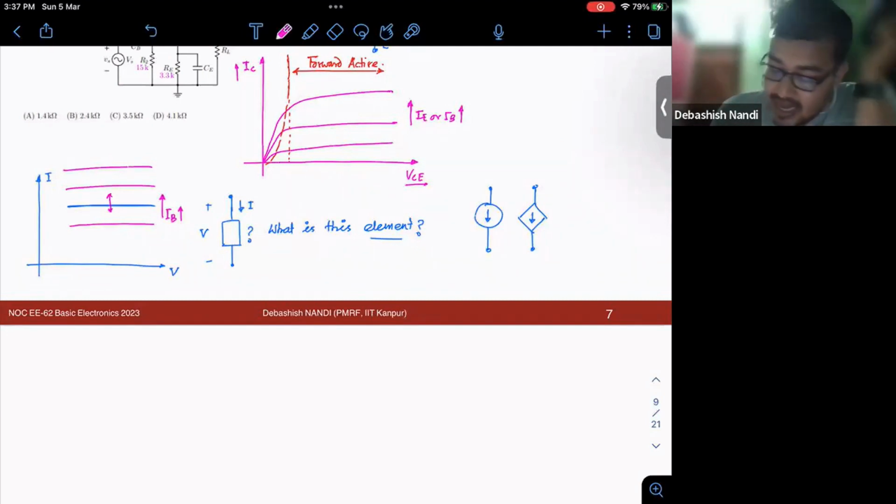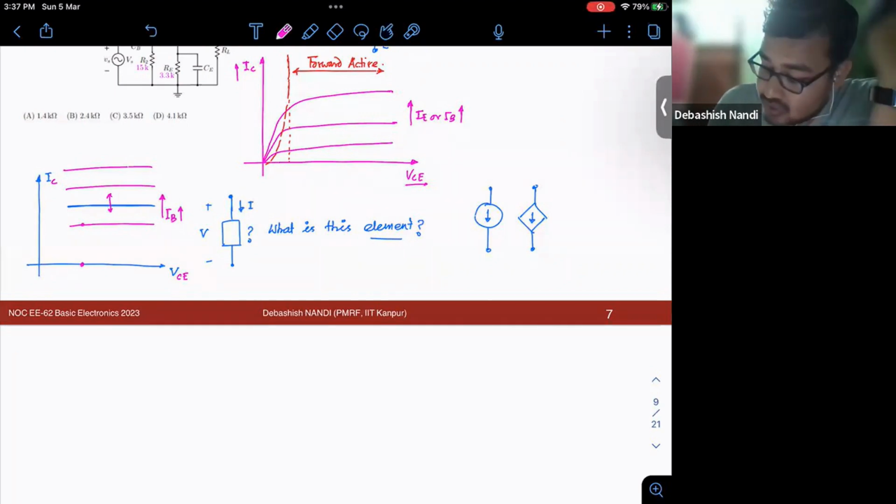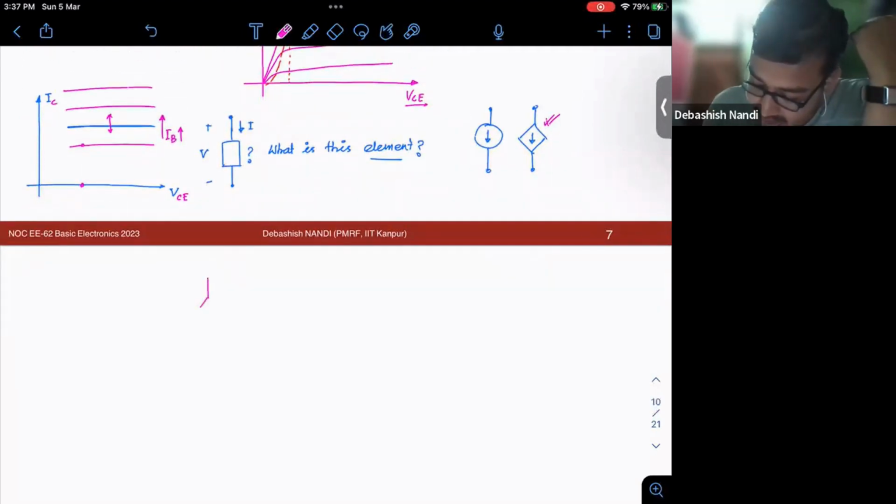Then what does it mean? For a particular VCE, if I change my IB, then my IC changes. That means it is a controlled source. The controlled element is IC and the controlling element is IB. That means it is a current controlled current source. So I will go with this one. Okay. So I get this, which is, let's say, beta times IB.